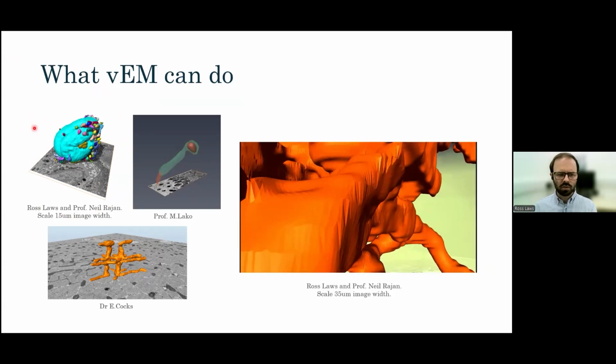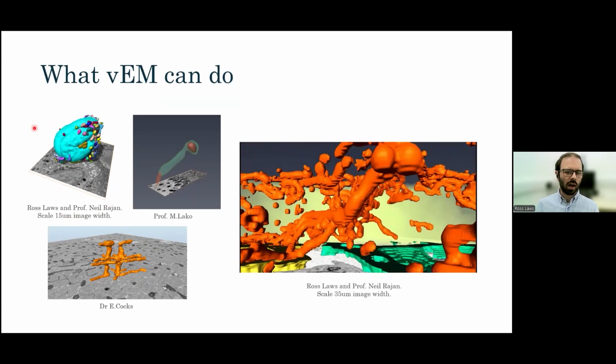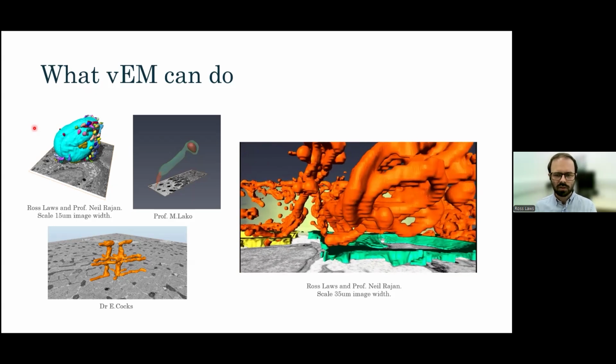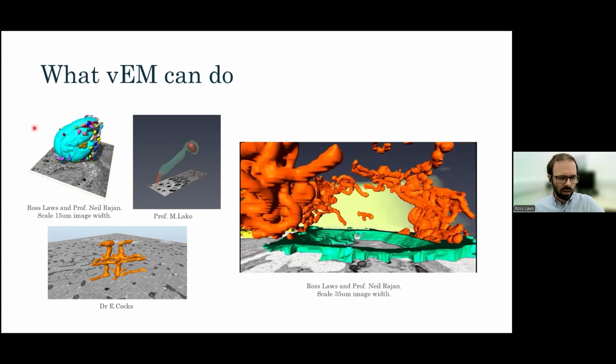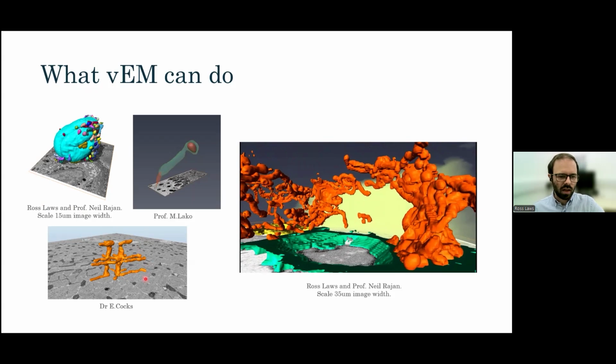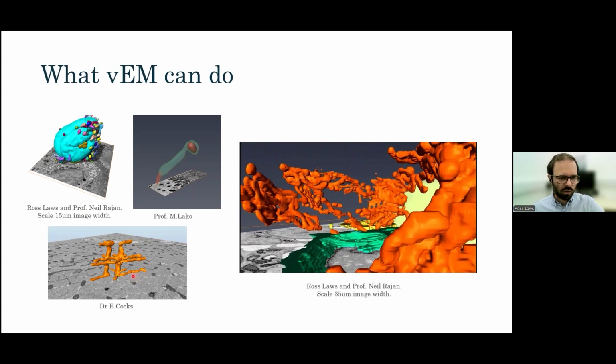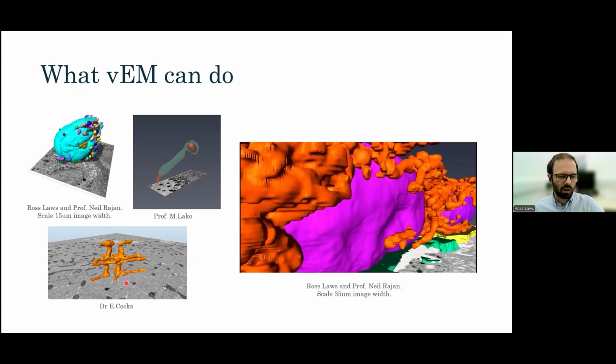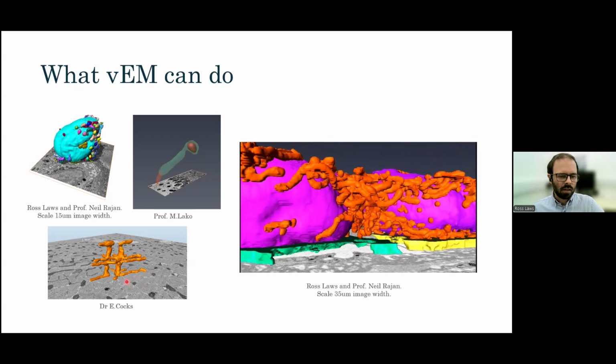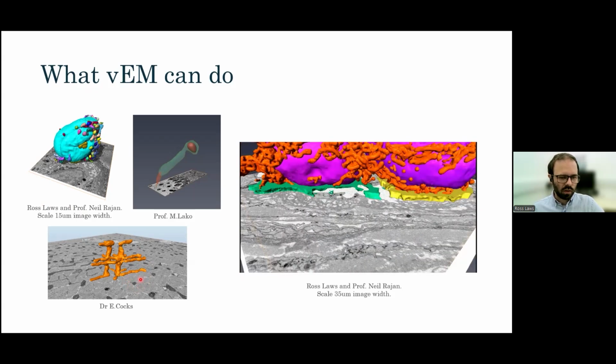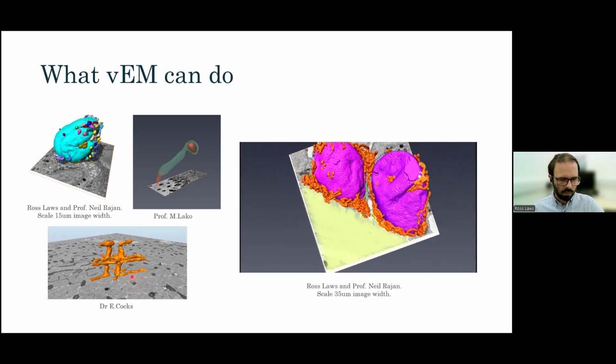The other thing it allows you to do is to actually see structures that are impossible to see in 2D. In this bottom image here, you can see a 3D model of the mitochondria next to the actual data that it is from.